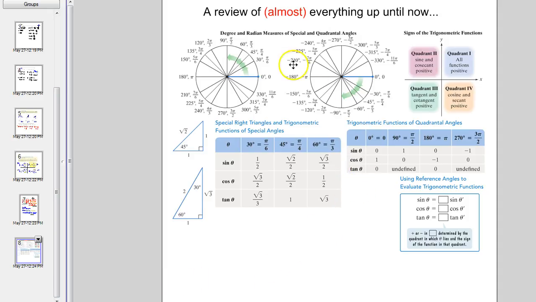All right, so this little slide right here, if you want to pause this and print this out, or I can just print it out for you and post it. This is just about everything that we've talked about up till now.